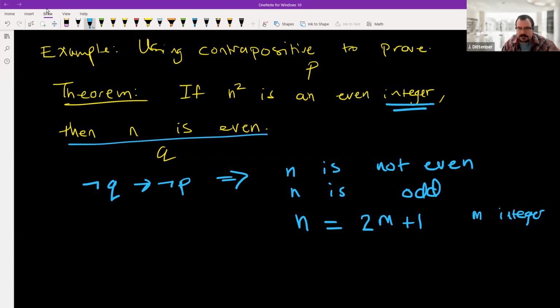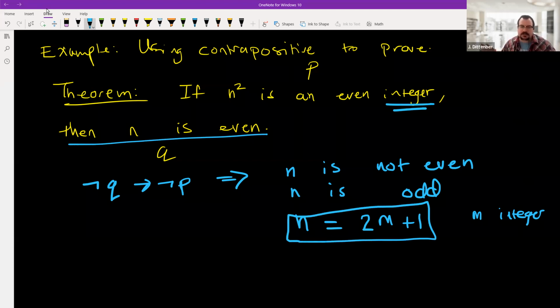We're only dealing with integers. So this would represent any odd number that we can try to calculate that's an integer. Now that's what not Q means. So if n is even is Q, not Q means that n equals this odd number.